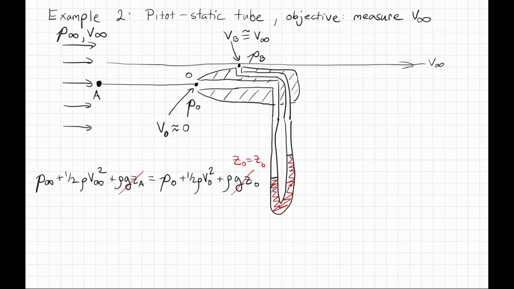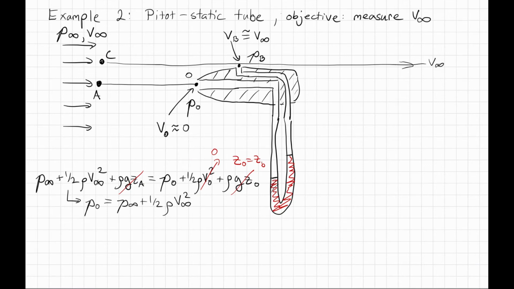In this case, because it's a stagnation point, we know that the velocity at point O, the stagnation point, is zero. That allows us to figure out the pressure at the stagnation point, the same as we did in the first example. But if we calculate the pressure at point B, the port that's side-mounted, it's different because the velocity at point B is not zero, it's V infinity.